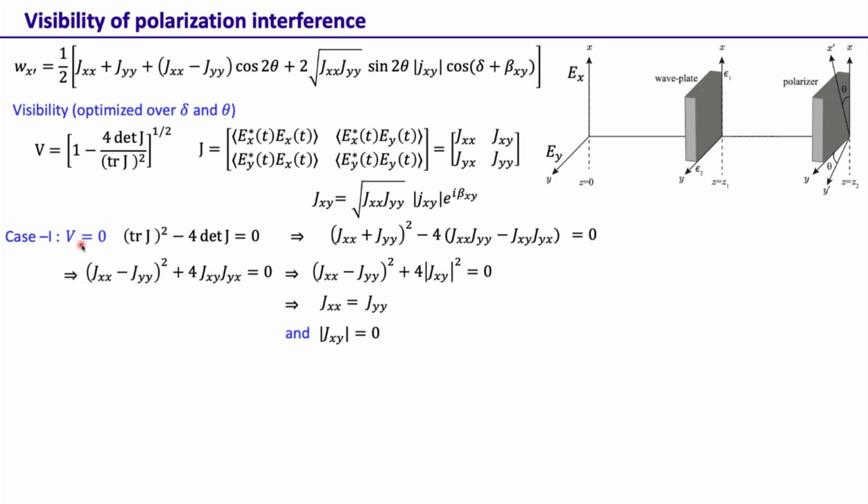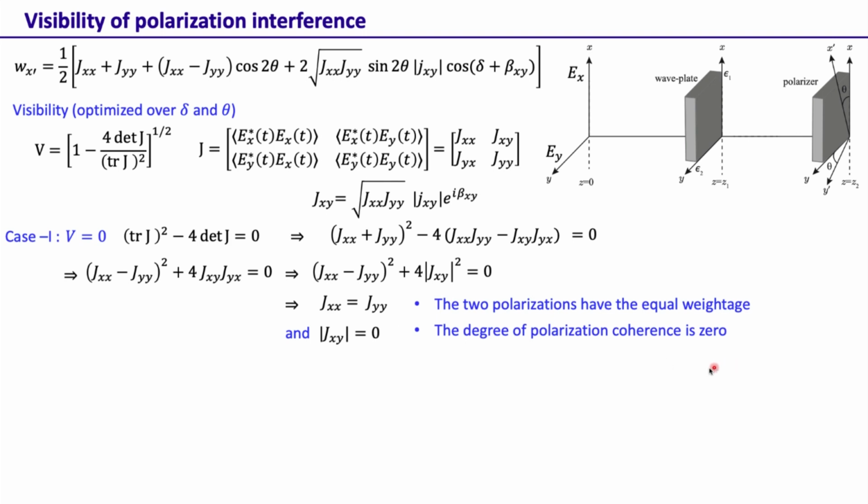So if the visibility, which is optimized over delta and theta, is found to be 0, this means that the two polarizations have equal weightage. That means the intensity, or spectral density, associated with each polarization is equal, and the degree of polarization coherence is 0. So either we state this or we state this, this is equivalent.